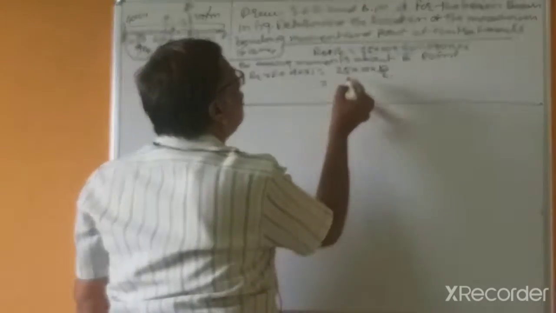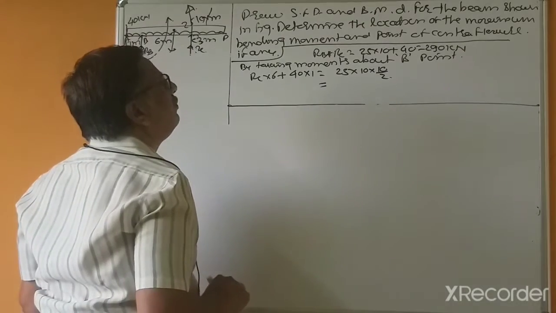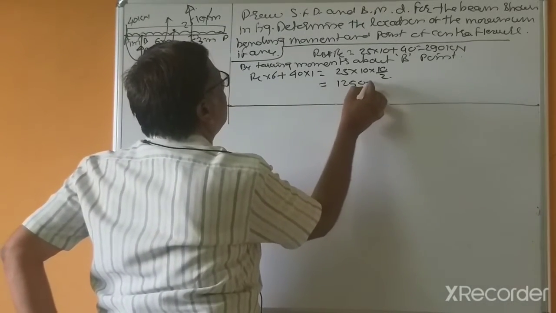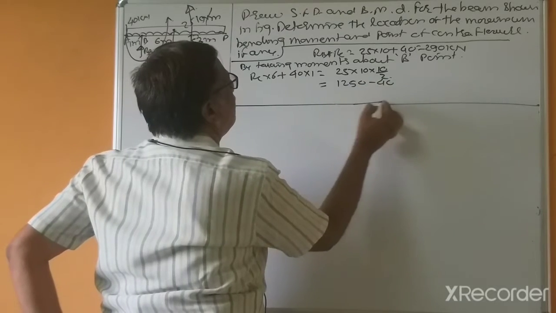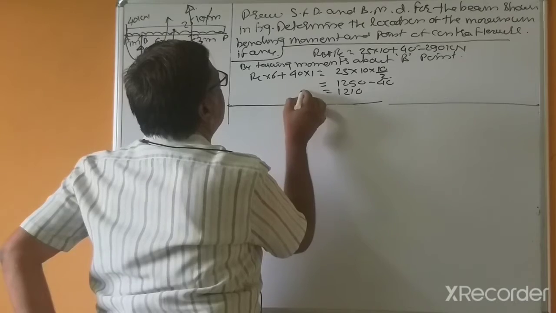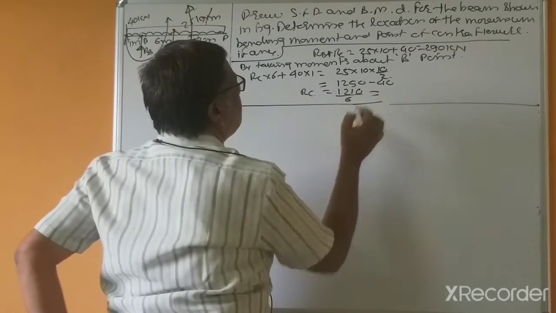This is equal to 250 multiplied by 5, 1250 minus 40 equal to 1210, RC divided by 6.